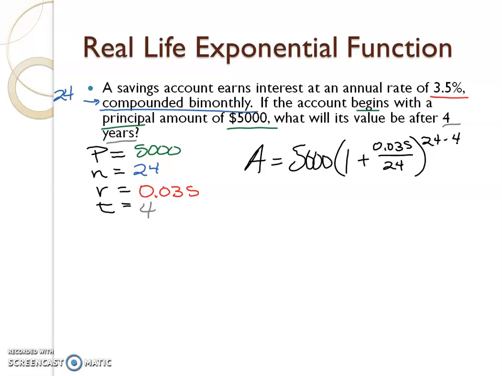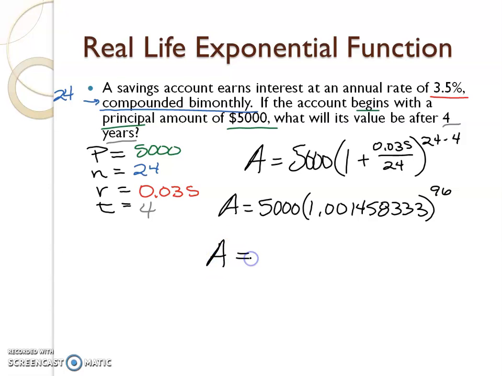So when I do that, I've got 0.035 divided by 24, add 1 to it. I get my A equals 5,000 times 1.0014583333, and then 24 times 4, I believe, gives me 96. Okay, something that's easier to plug into my calculator.